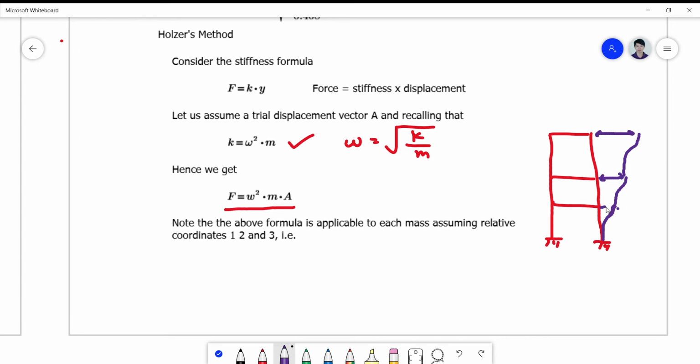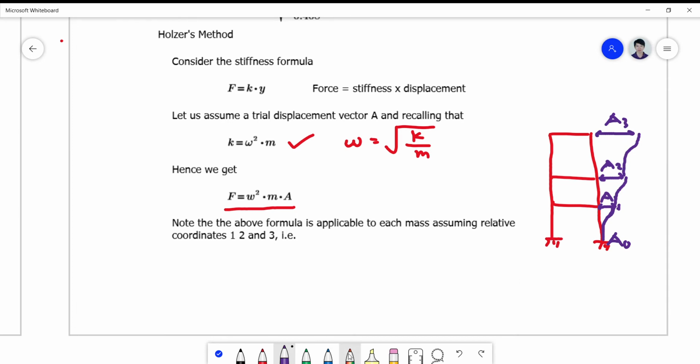Okay, so these are now your A3, A2, and A1. Okay, you start from the second floor. Okay, so this is your A0, 0, 1, 2, 3.